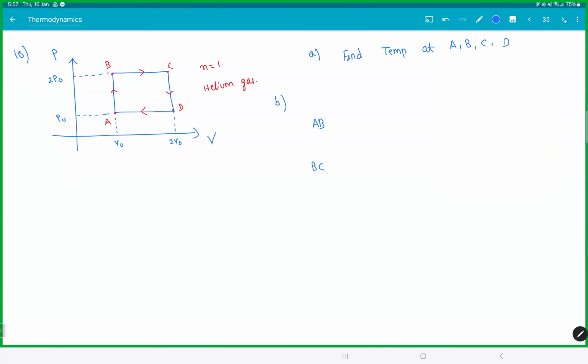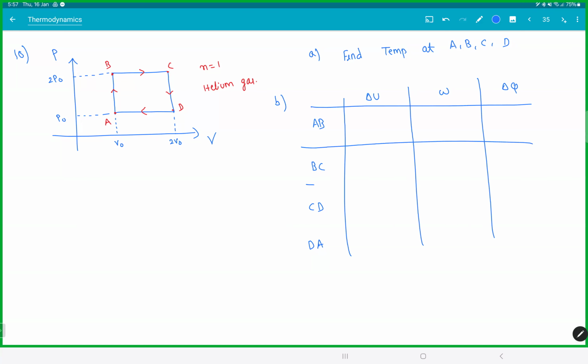Then for AB, BC, CD, DA, find delta U, work done, delta Q. Fill up this table. So in each process, I want you to tell me what is delta U, work done, and delta Q, and find efficiency.